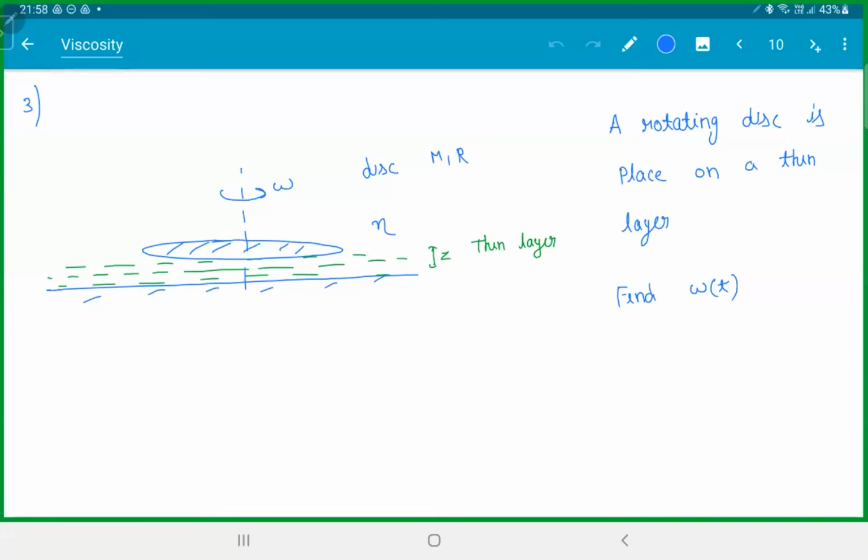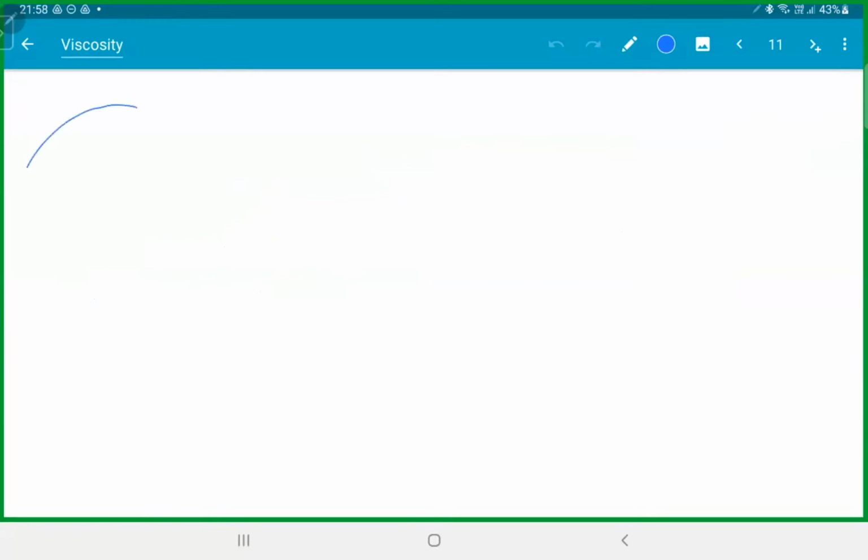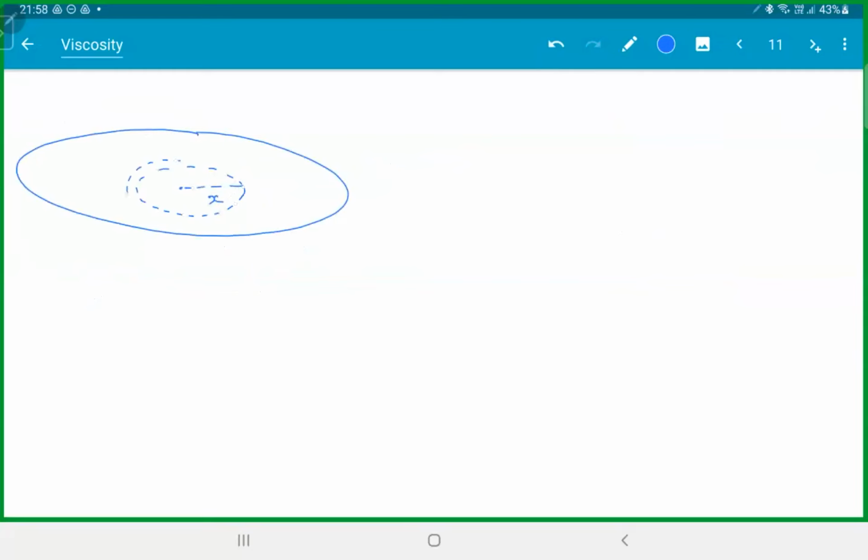How do we approach this? The problem is that every point has a different velocity, right? So this is how we choose an element. Take a thin ring at a distance x from the center.